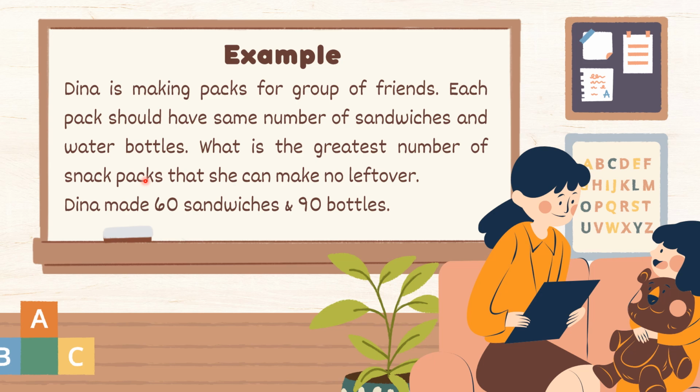We need to know the GCF. And the given information is Dina made 60 sandwiches and 90 bottles. So we need to get the GCF between the two numbers 60 and 90. Let's see how to answer.